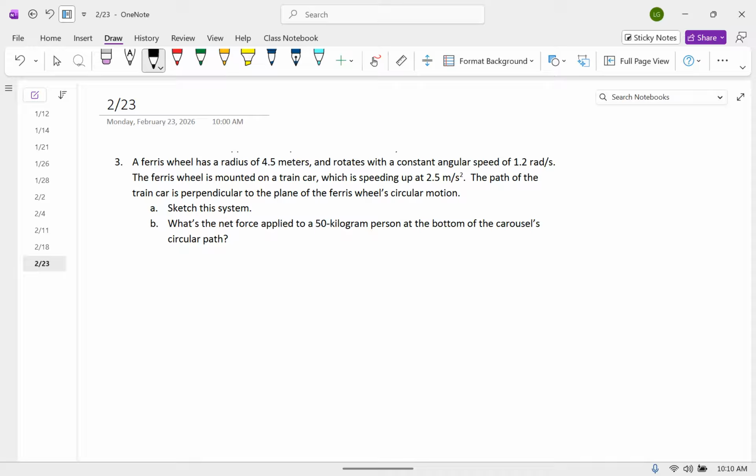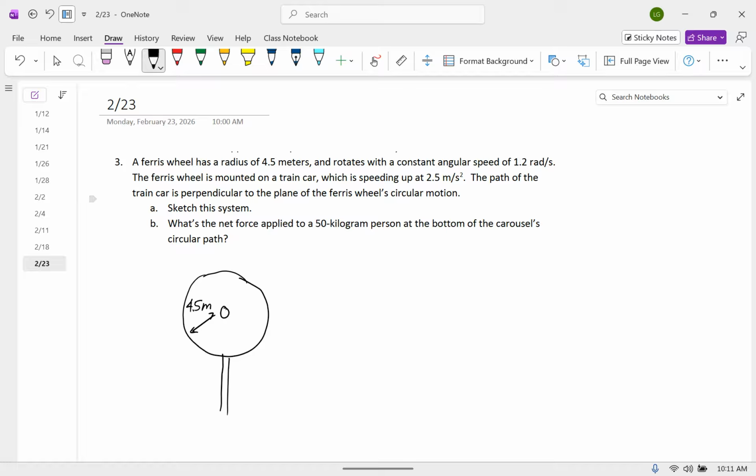Let's describe what's going on. So we have a big Ferris wheel. It has a radius of 4.5 meters. It rotates with a constant angular speed of 1.2 radians per second.